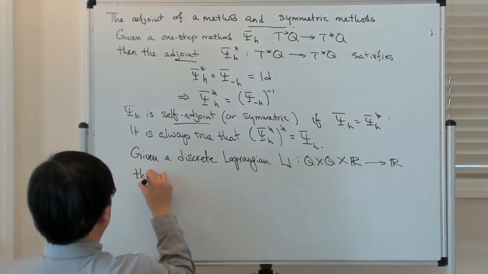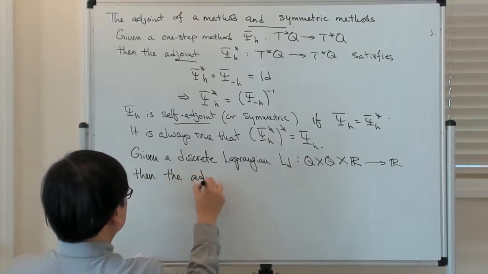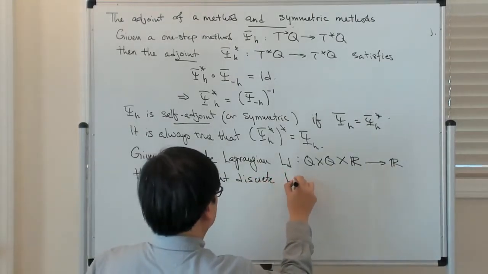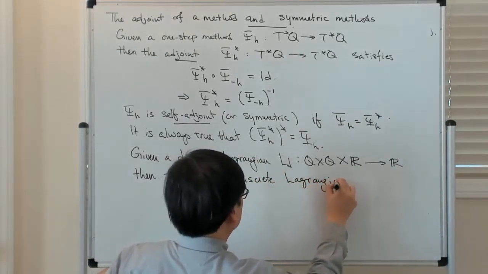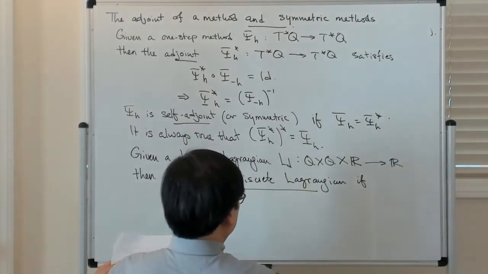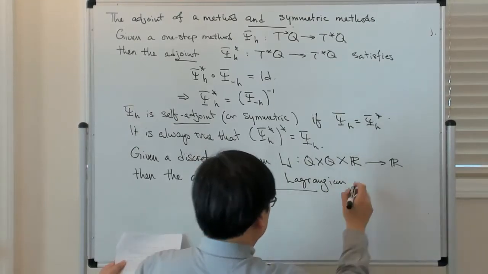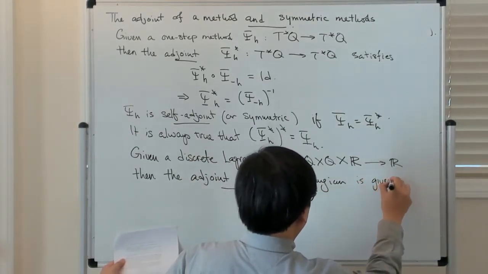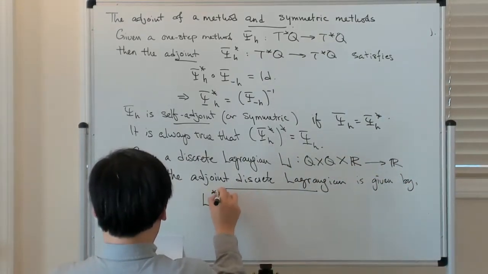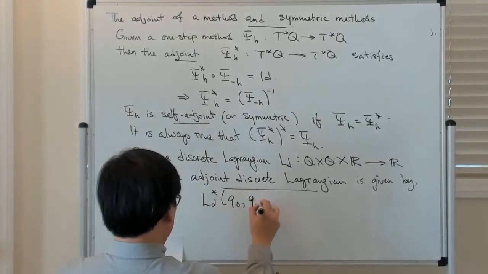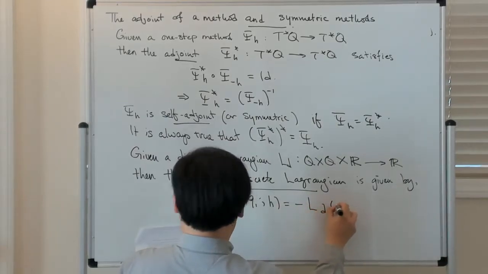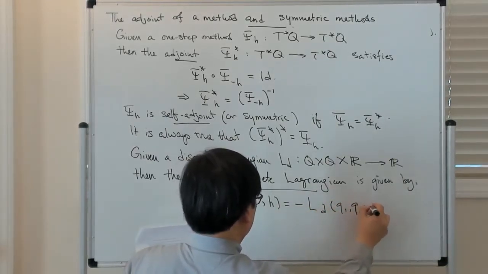Then the adjoint discrete Lagrangian is given by the following: LD star (Q0, Q1, H) is equal to minus LD (Q1, Q0, minus H).